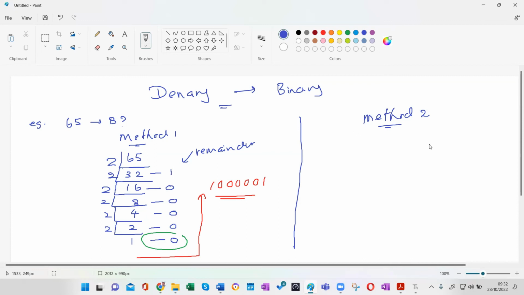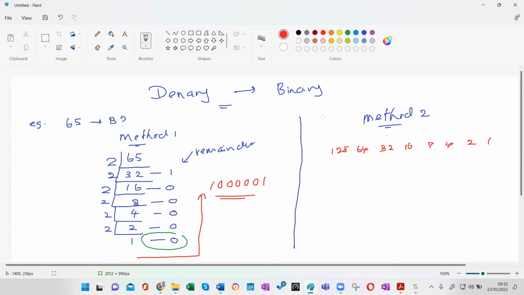We write the positional values of binary. How do we start? 1, 2, 4, 8, 16, 32, 64, 128. There are 8 bits: 1, 2, 3, 4, 5, 6, 7, 8.